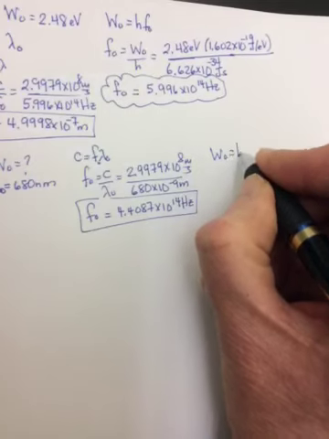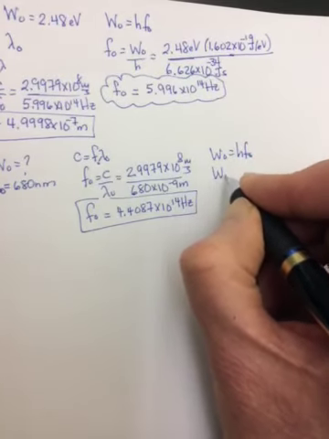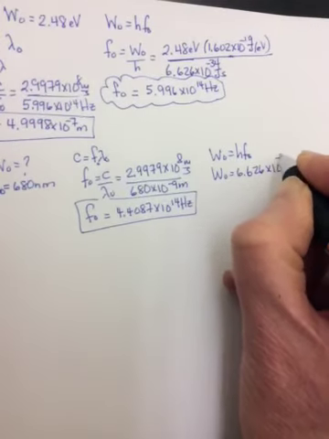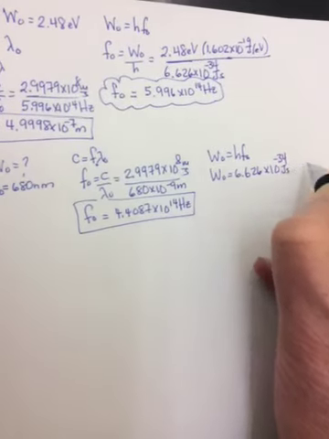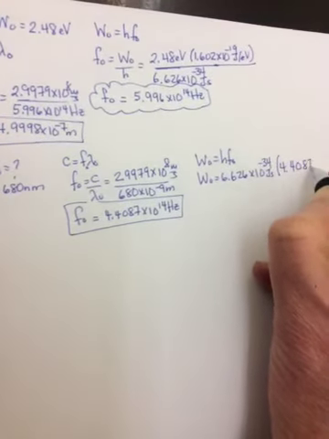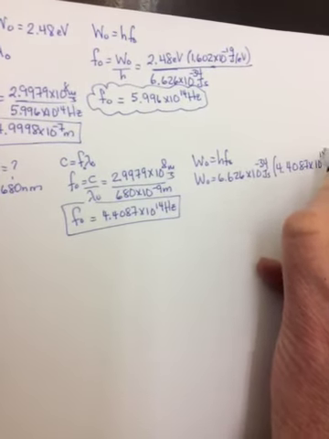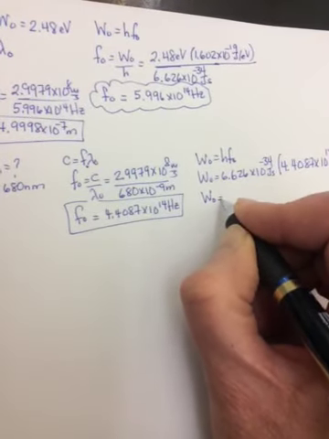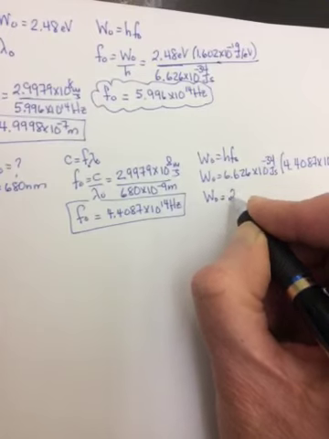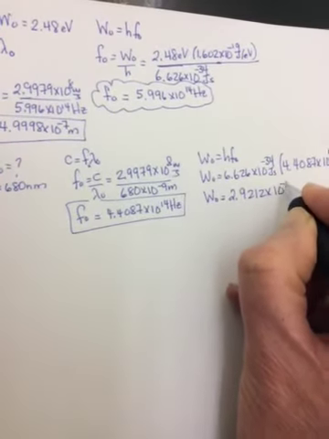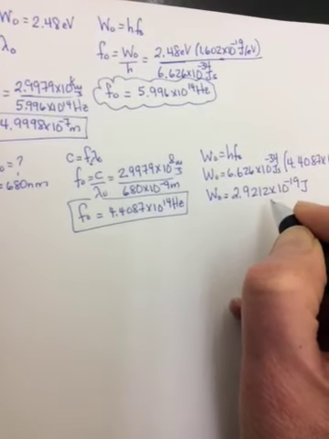WO is just equal to HFO, so 6.626 times 10 to the negative 34 joule seconds times 4.4087 times 10 to the 14th hertz, or 1 over seconds. You should get a WO of 2.9212 times 10 to the negative 19 joules.